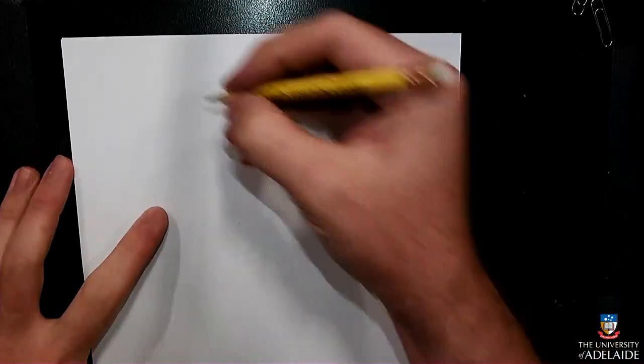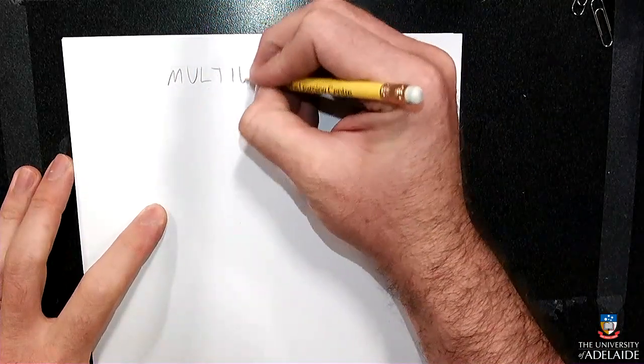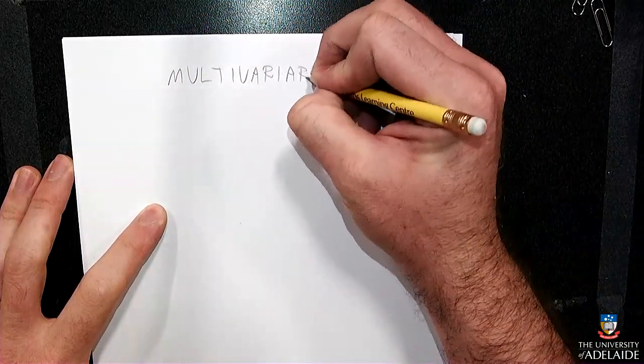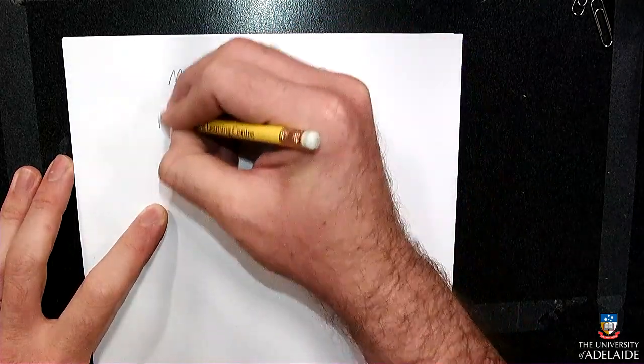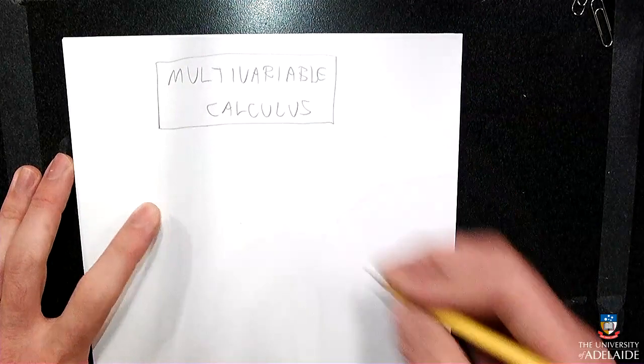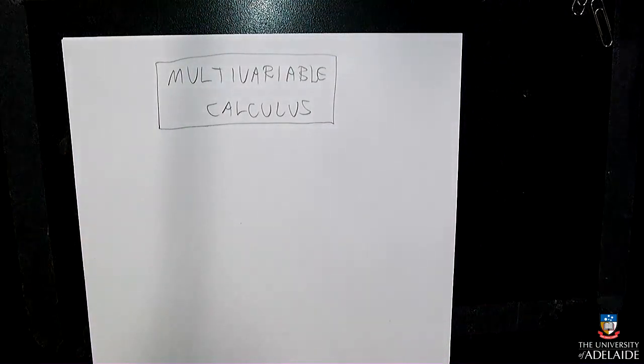So, I'm talking about multivariable calculus in Maths 1B. Might as well put a title on here. What I'm going to try and do is organise the way I think about all of this, in the hope that since it makes sense to me, it will make sense to you.